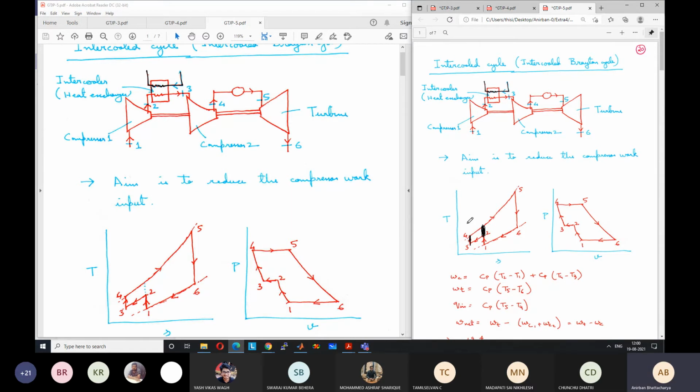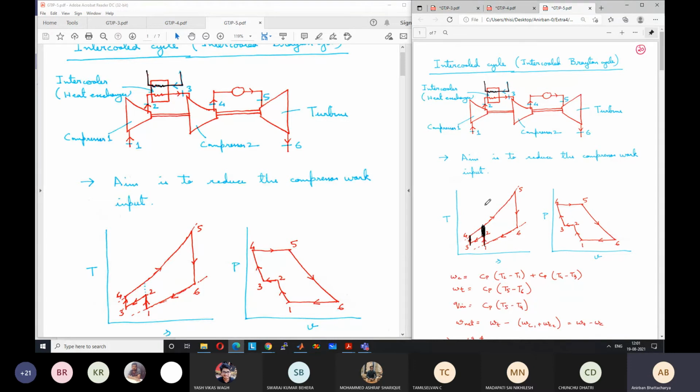Turbine work output remains the same. We are not affecting the turbine work output. It is still the same as a simple Brayton cycle, but we are decreasing the compressor work input. So overall work output increases. From the cycle area you can also see this, but this is another way of seeing it.